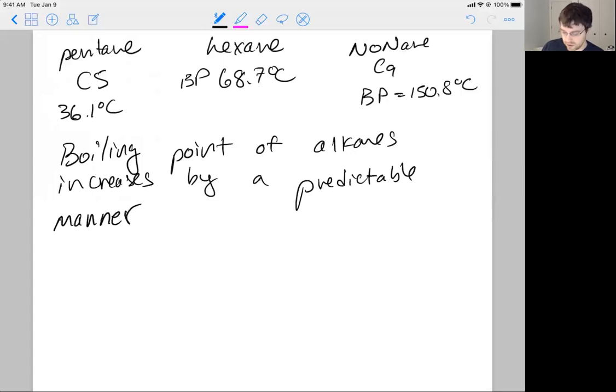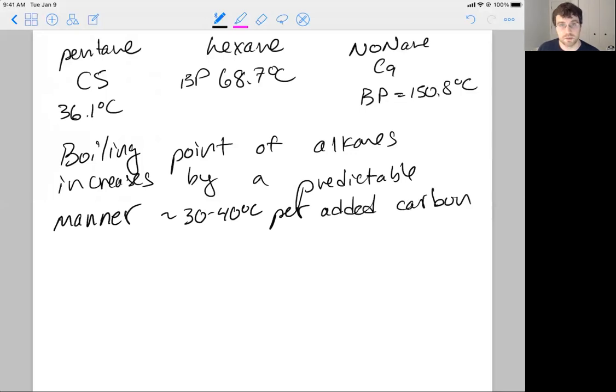Okay, so it's about 30 to 40 degrees Celsius per added carbon. So if you add carbons, you're going to increase the boiling point by 30 to 40 degrees. If you remove carbons, you're going to decrease that boiling point by 30 or 40 degrees. And notice it's not just carbons, there's also 2 hydrogens that come along for the ride.